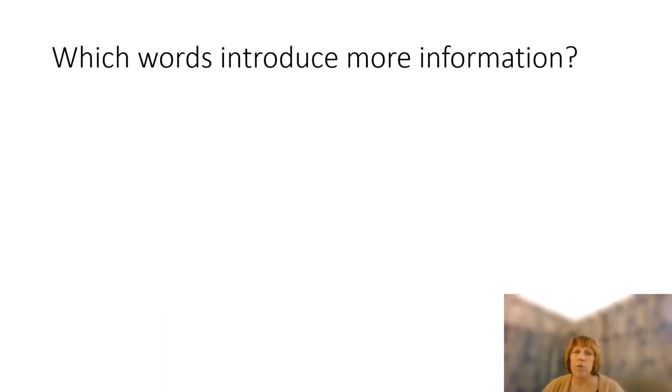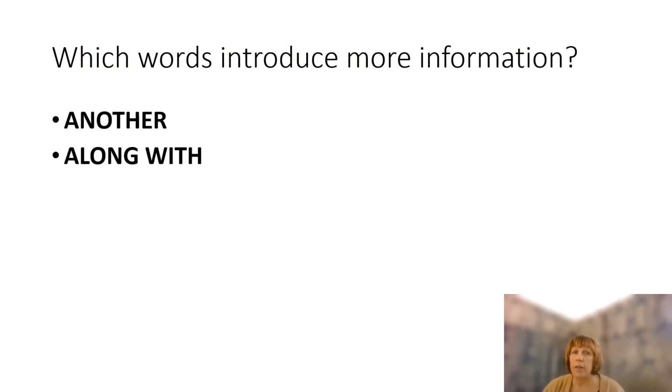And which words introduce more information is something that you need to practice when you're reading and also when you're writing. You might use the word another. Along with is a phrase you might use.